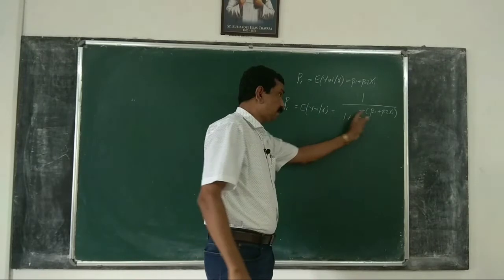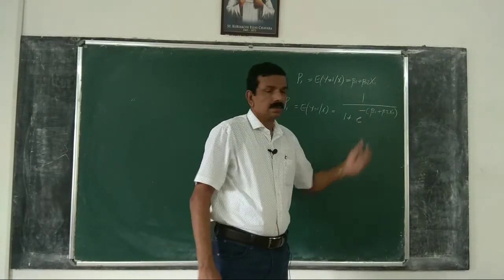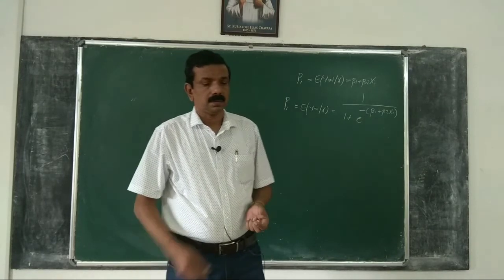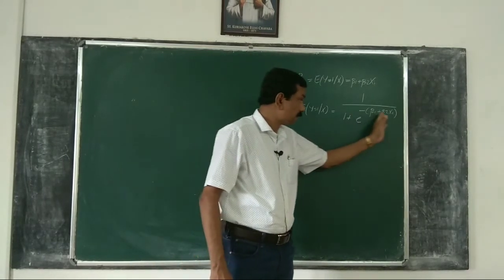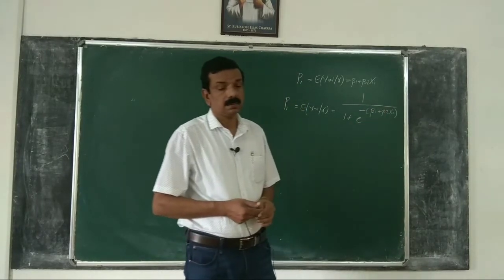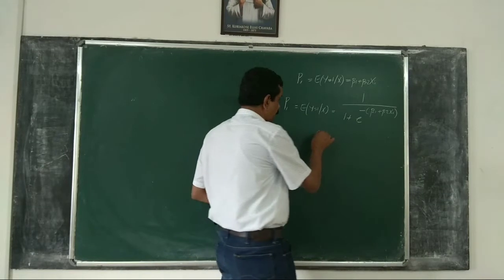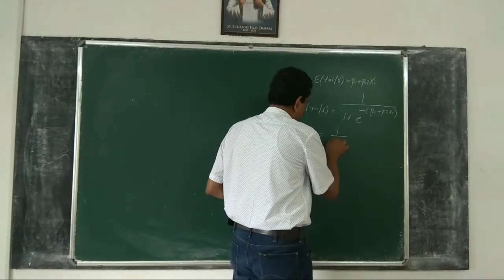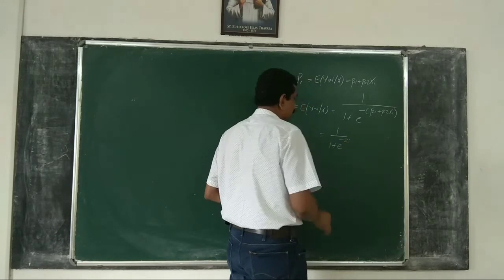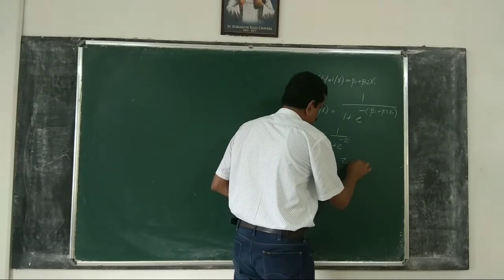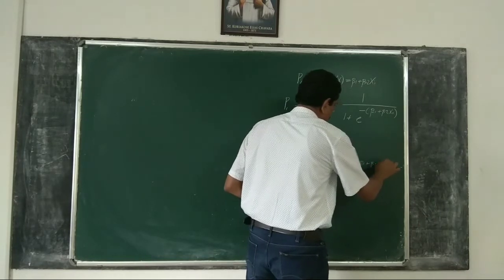This functional form we have introduced in the last class. We write it as 1 by 1 plus e raised to minus zi, where zi is equal to beta 1 plus beta 2 xi.